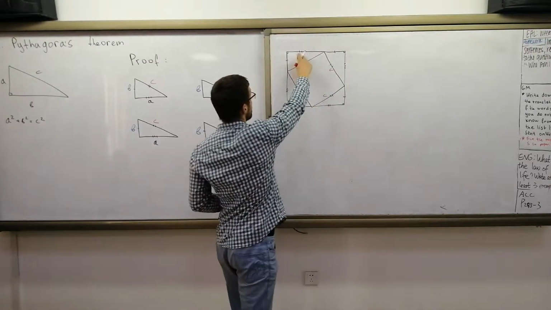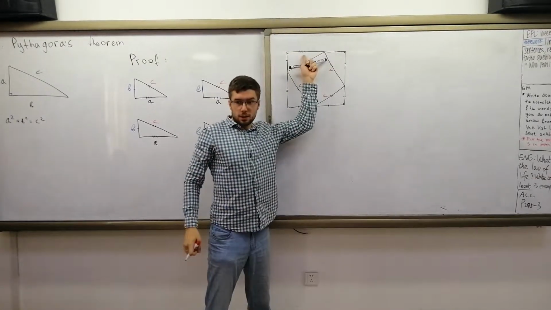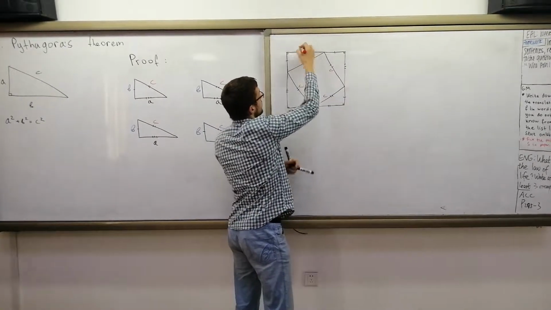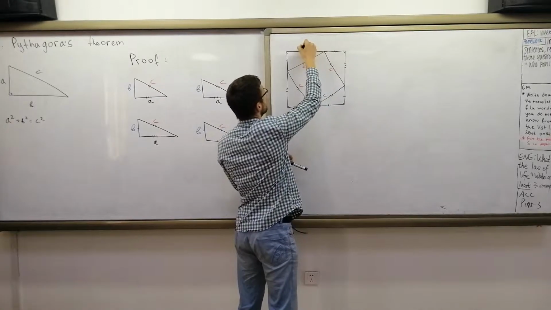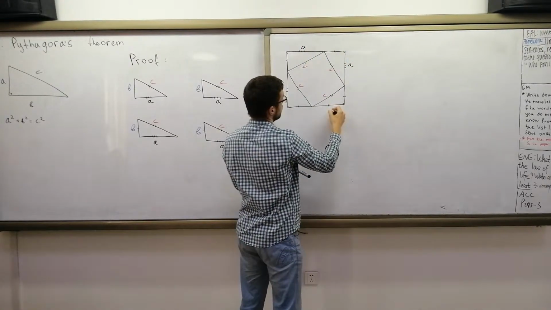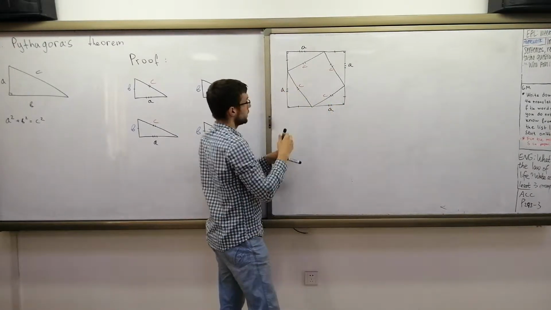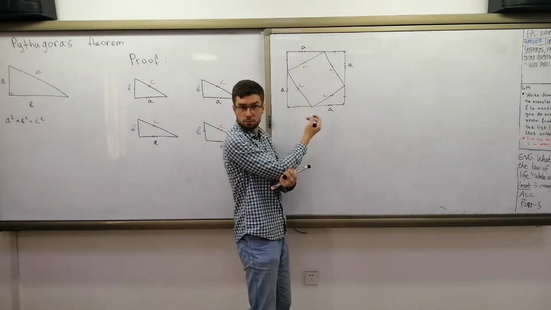Well, how do I label this side? How do I label this side? A, yeah. So let's label this as A. A, right? And finally this one, the last one, is B, right?